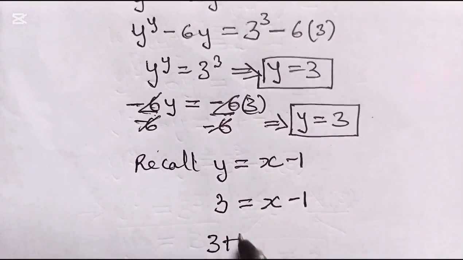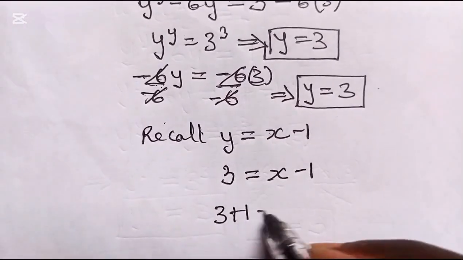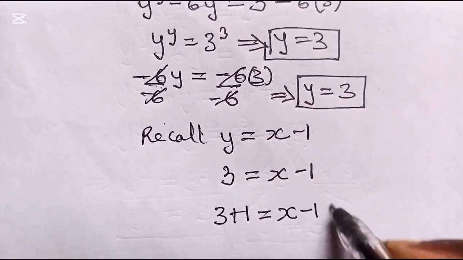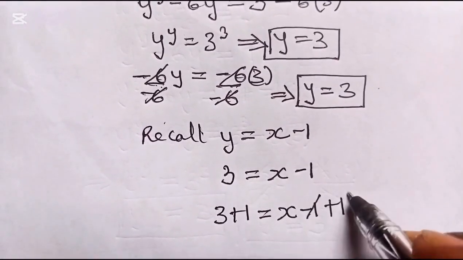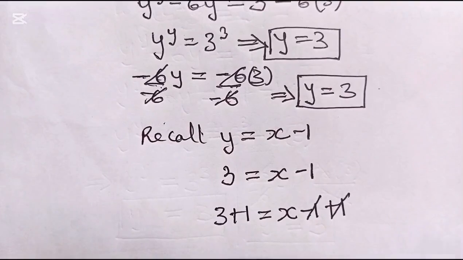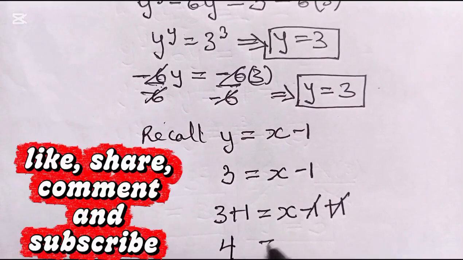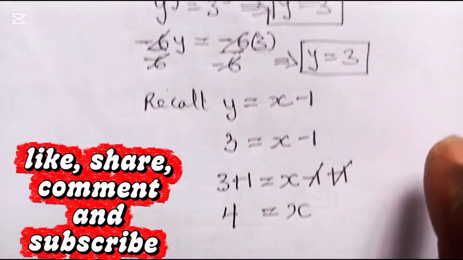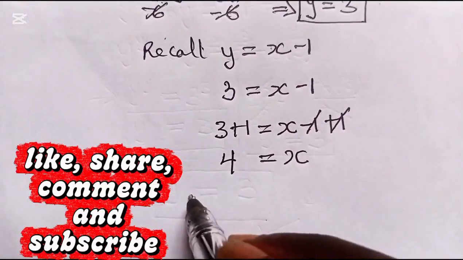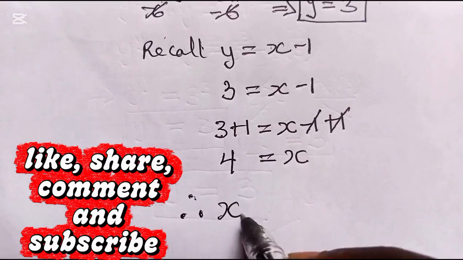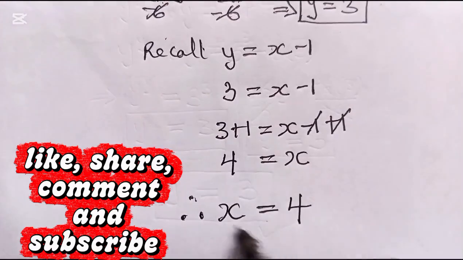So 3 plus 1 equals to x − 1 plus 1. Minus 1 plus 1 cancel, so 3 plus 1 gives us 4 equals to x. So therefore our x is equal to 4.